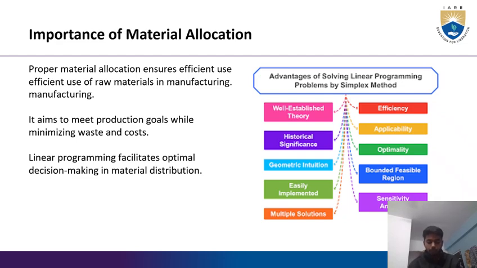Step 3 is to define the objective function, which is to maximize profit. Step 4 is to convert to standard form, changing inequalities into equalities using slack variables. The mathematical model is ready. Now we can apply the simplex method.